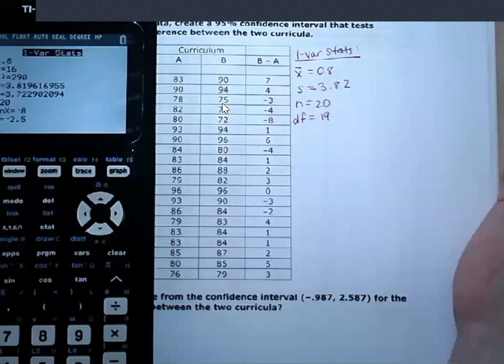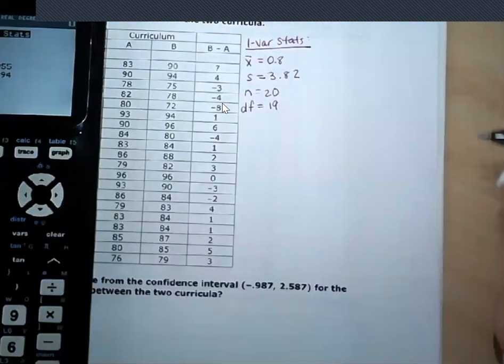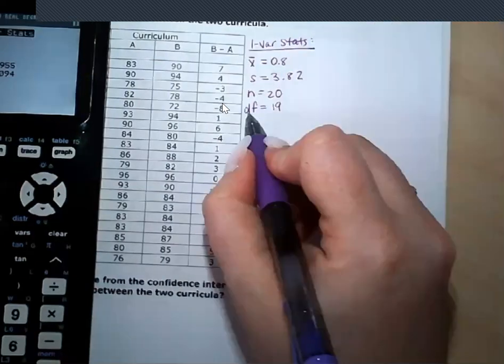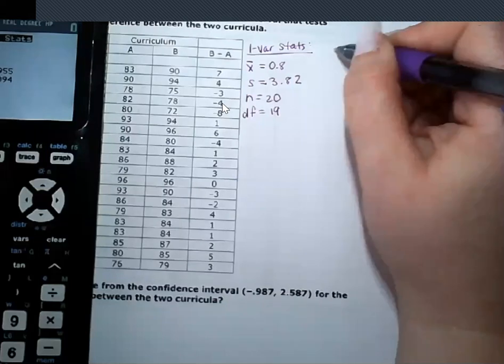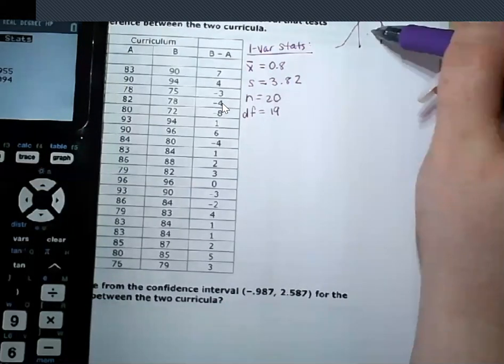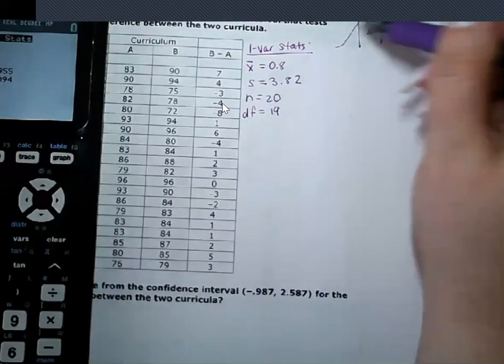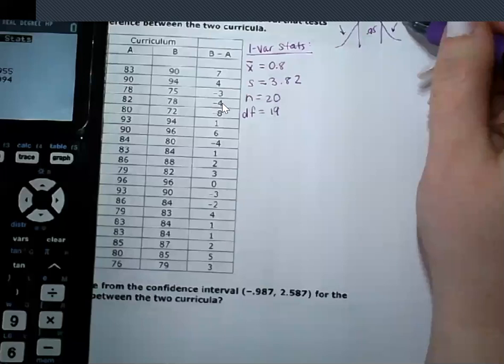All right. So I have almost everything I need. The last thing I need is my T star, which I need the degrees of freedom to find. And I also need my tail area. So remembering with a 95% confidence interval, my 2 tails have to be the same and it all has to add up to 100. This is going to be 0.025.